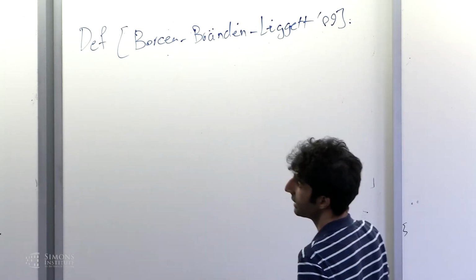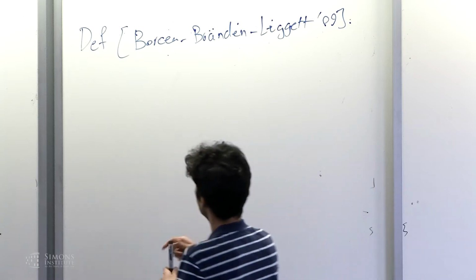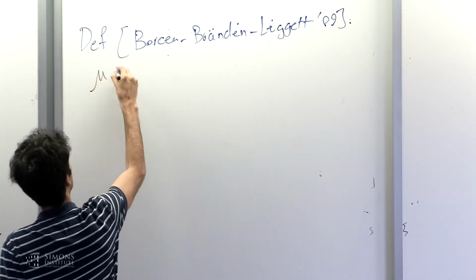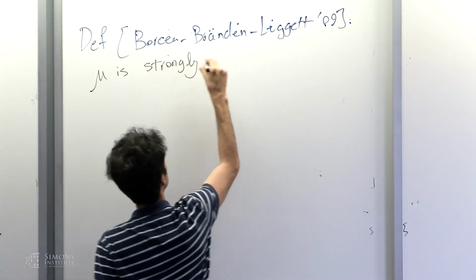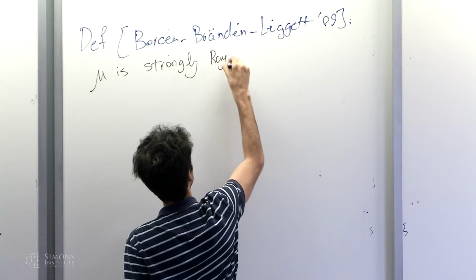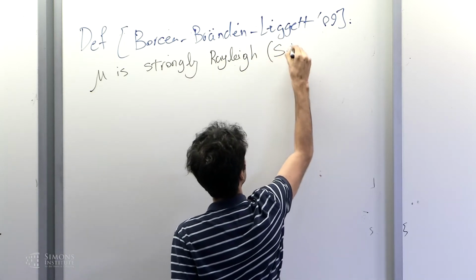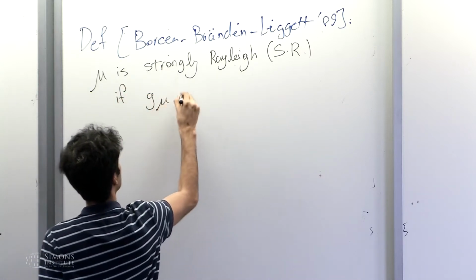Many of the statements about these distributions come from this paper. So we say mu is strong Rayleigh, or let's shorten it by SR, if G of mu is real stable.